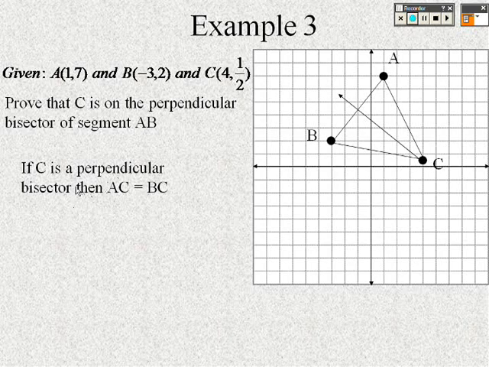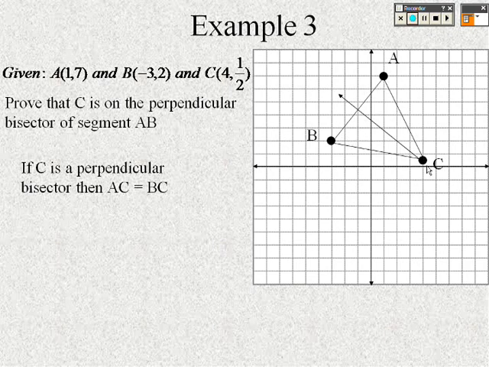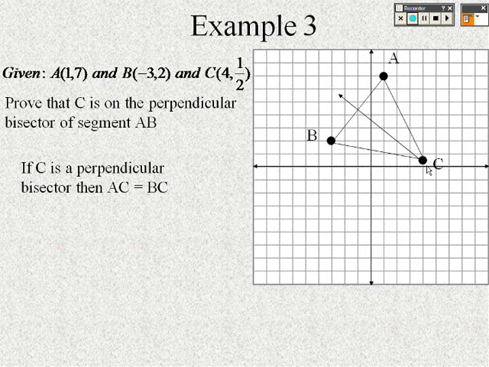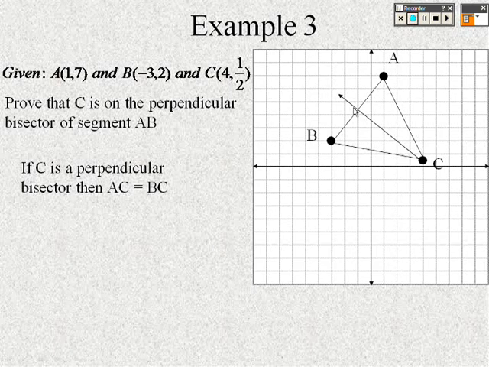So, if C is a perpendicular bisector, that means AC equals BC is basically what we're going to say. If it's a perpendicular bisector, then we know that AC and BC are going to be the same. And why do we know this? Because if this is going to cut it right down the middle, we're actually forming an isosceles triangle, and an isosceles triangle has two sides that are going to be equal, those two sides.